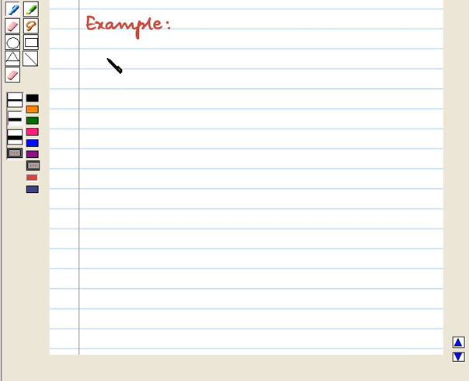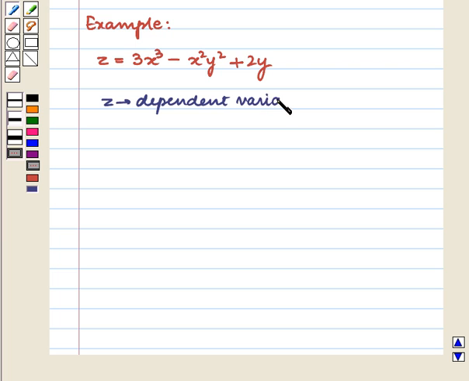Suppose we have z is equal to 3x cube minus x square y square plus 2y. Here z is the dependent variable and x and y are independent variables.